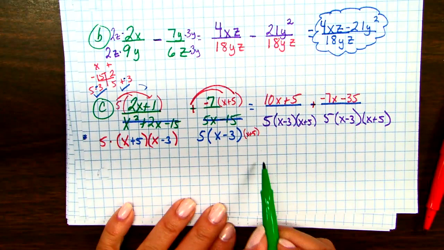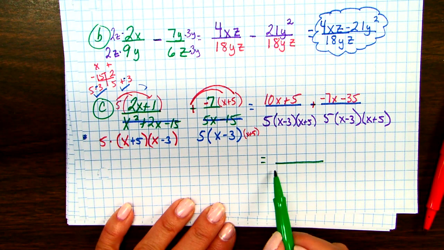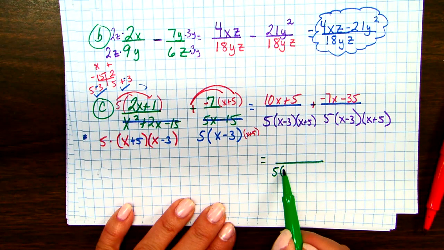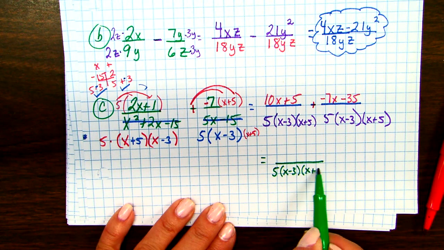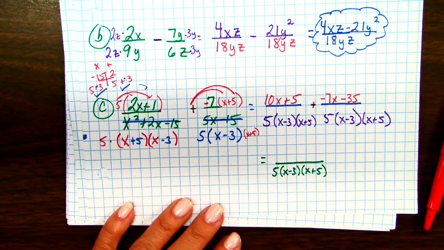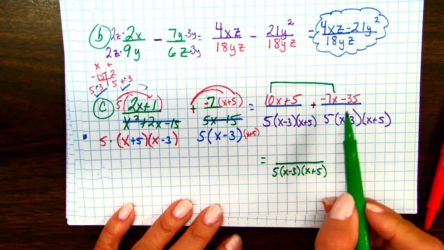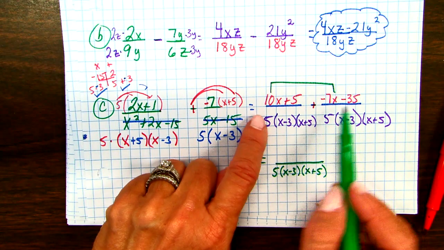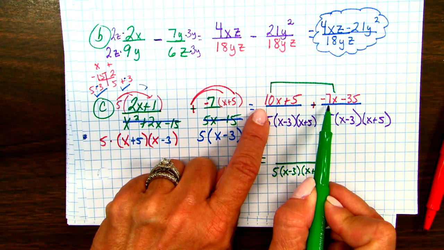Now, let's put it all together in one fraction. We have our common denominator of 5, x minus 3, x plus 5. The order of that doesn't matter, okay? It's all multiplied together. Are there any like terms in our numerator that we can combine? Remember what we were talking about a second ago? You can only add if they have the same letters. Like 10x plus negative 7x, we can put those together.